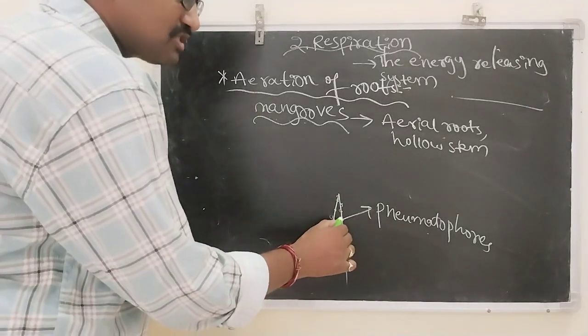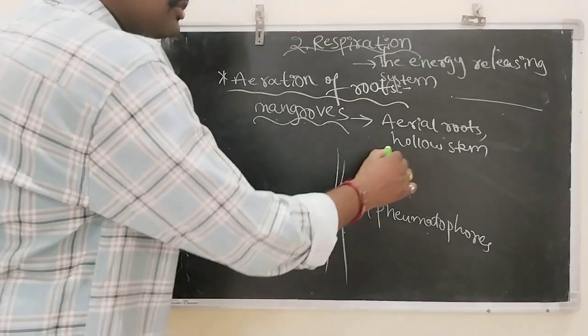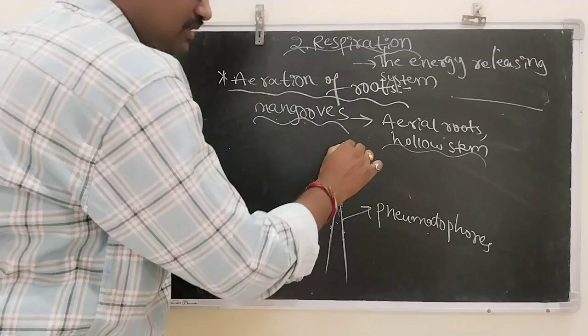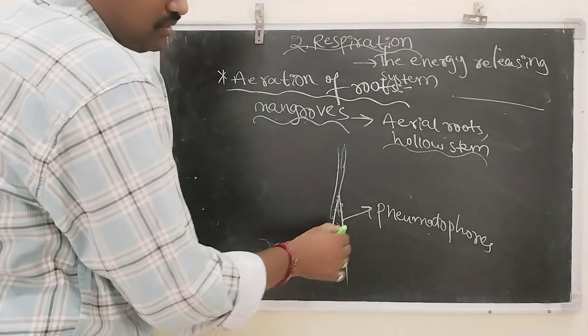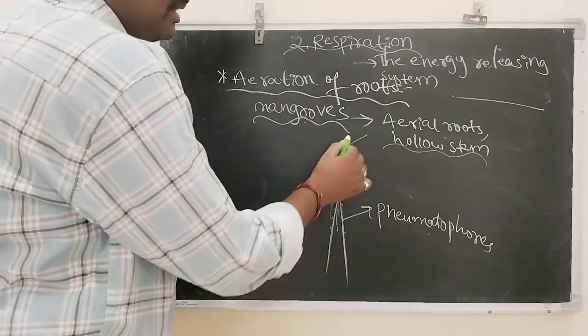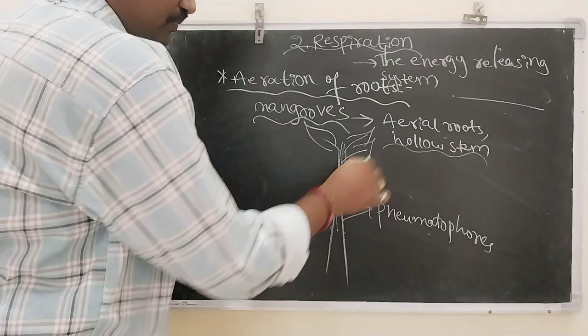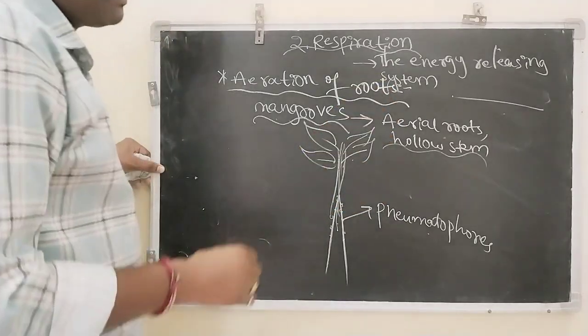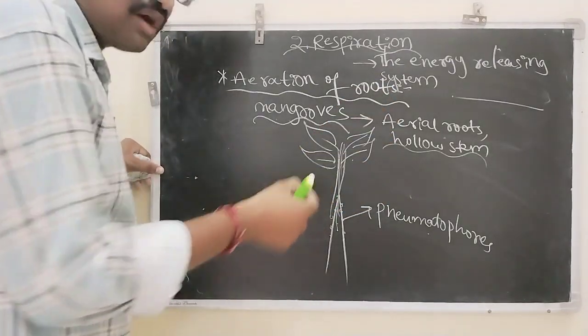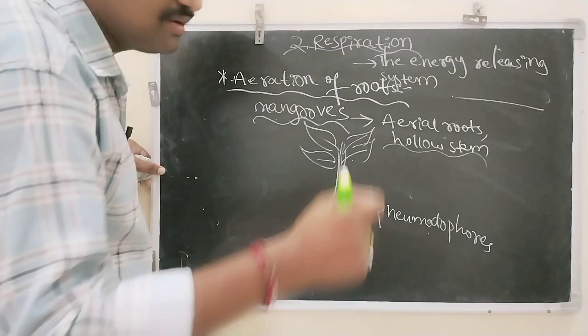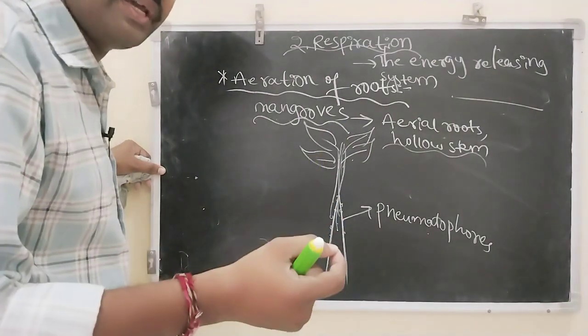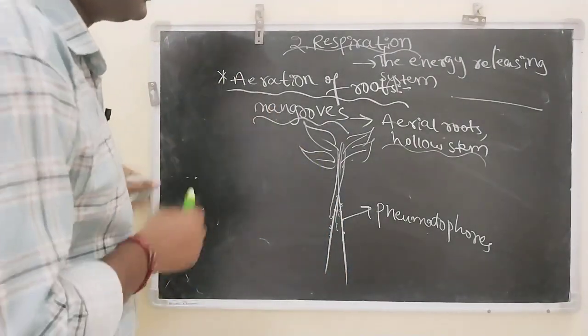And these air spaces are continuous with the hollow stem, where there is empty space inside. So this air moves freely in the stem and supplies air to the upper parts of the plant body. So this is how respiration occurs in mangrove plants which are completely in waterlogged conditions.